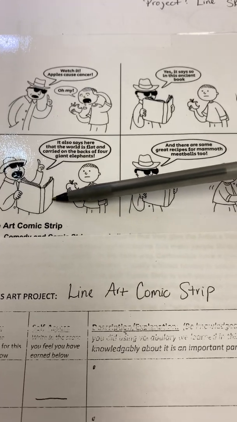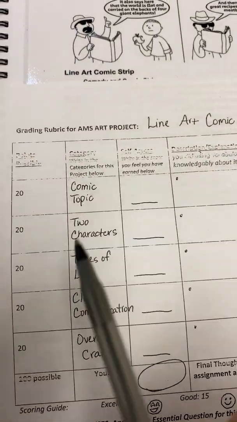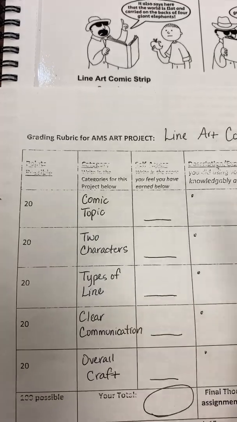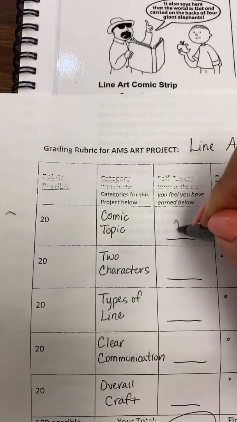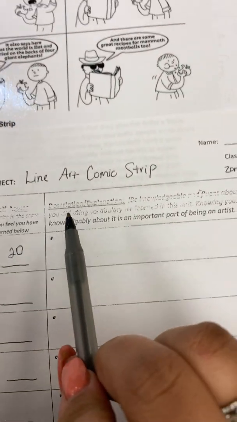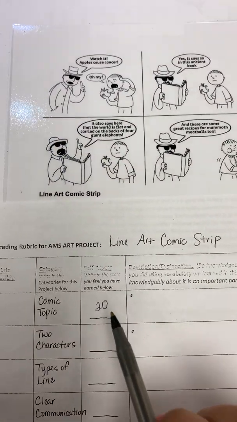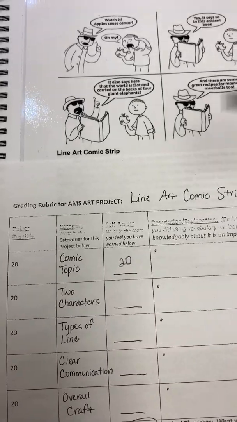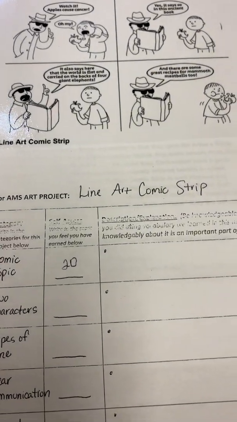So this is talking about having a good source. So does my comic have a topic? Yes, giving it 20 points. And then here I'm going to describe or explain how I met that topic requirement as an artist.